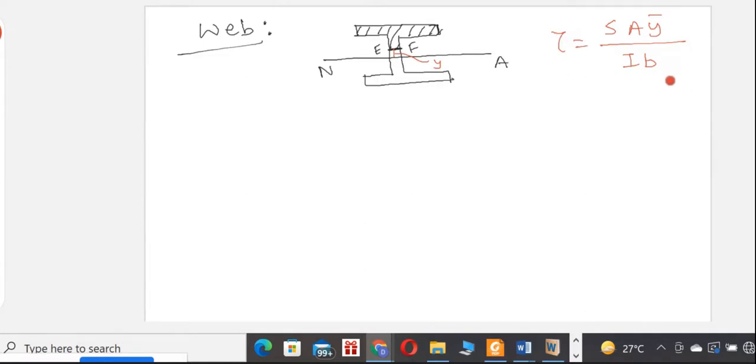So how can we do that? What is the most convenient way? First think about this flange part, this horizontal rectangular portion, then think about the small portion in the web. So here it is flange, here it is web.